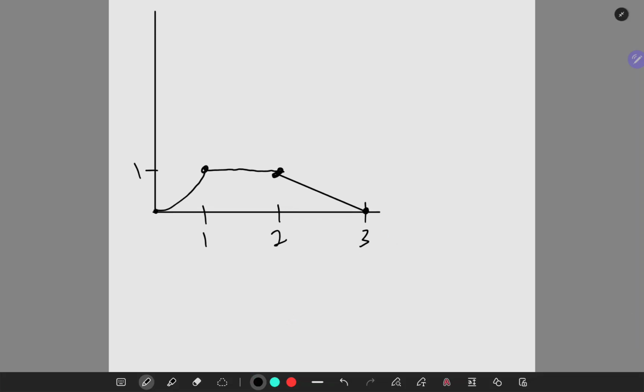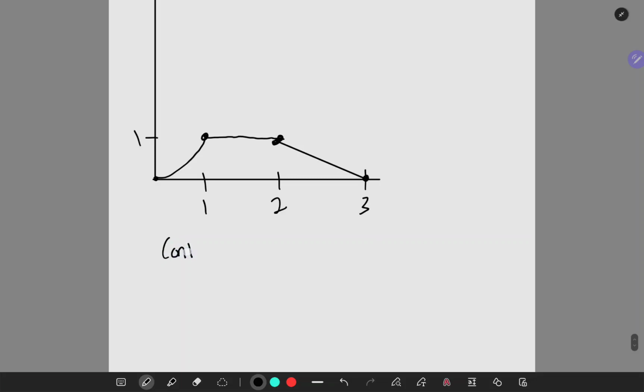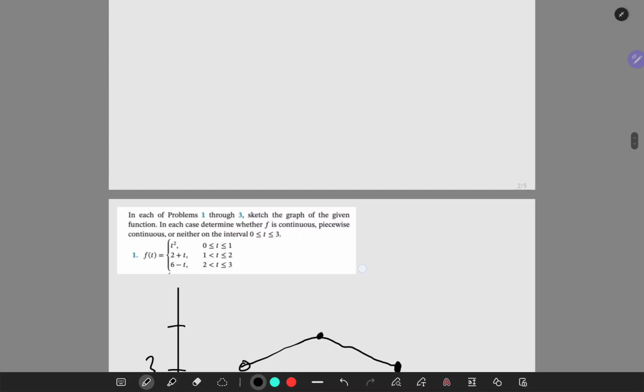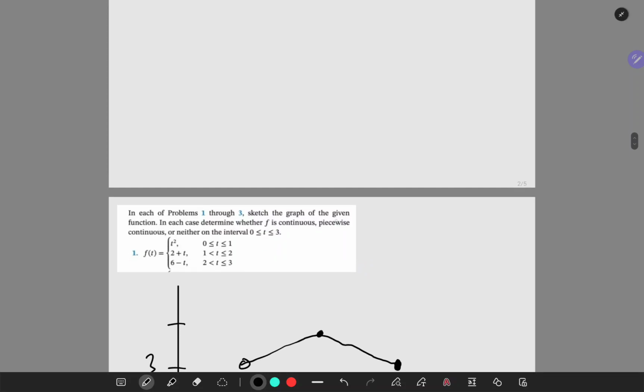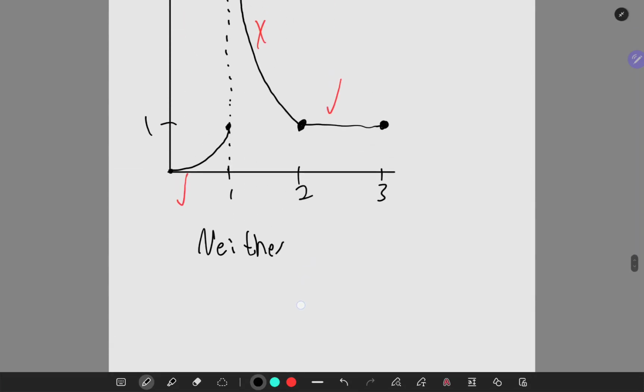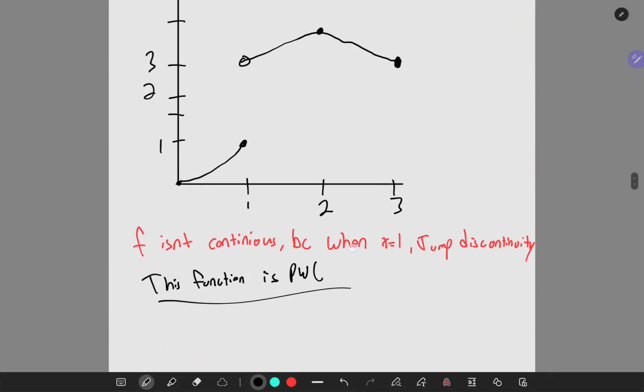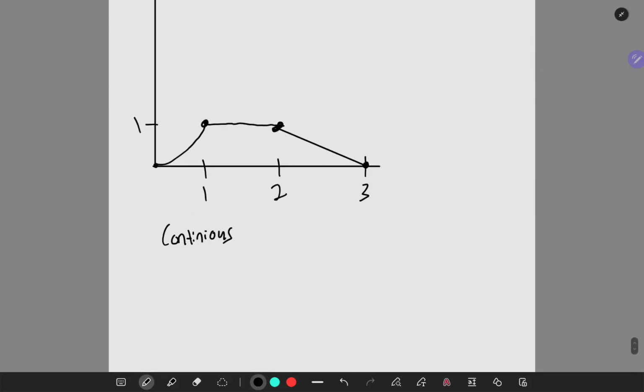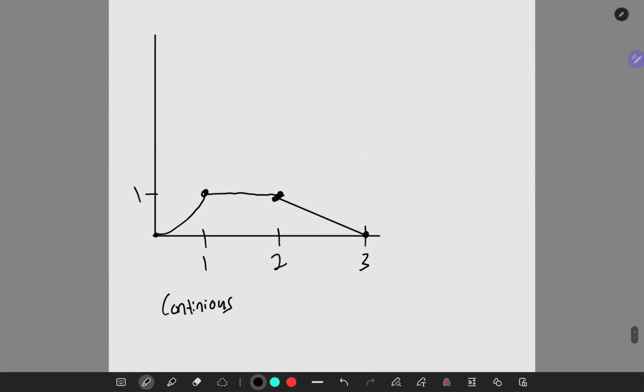So I would say this one is continuous, piecewise continuous. I guess it just wants to know continuous, right? Determine whether it's continuous, piecewise continuous, or neither. So you can see that this one is continuous. This one's neither, and this one is piecewise continuous. But this one will still be piecewise continuous though, right?